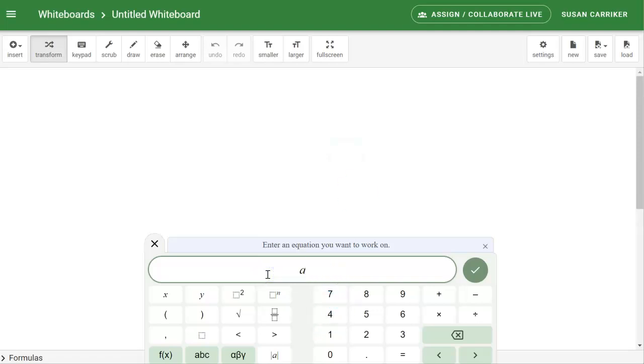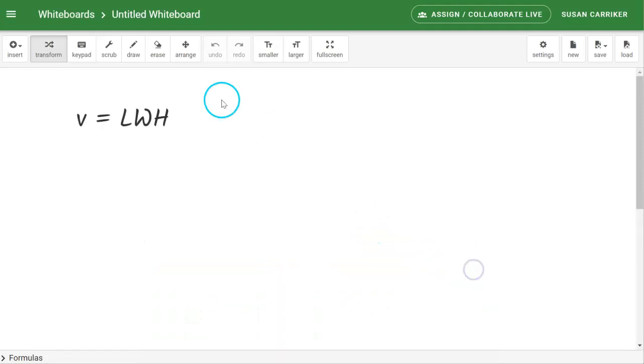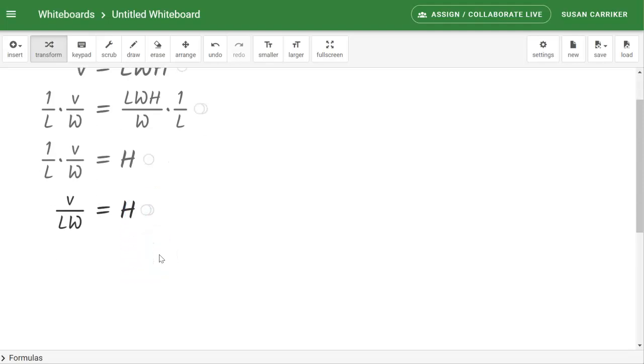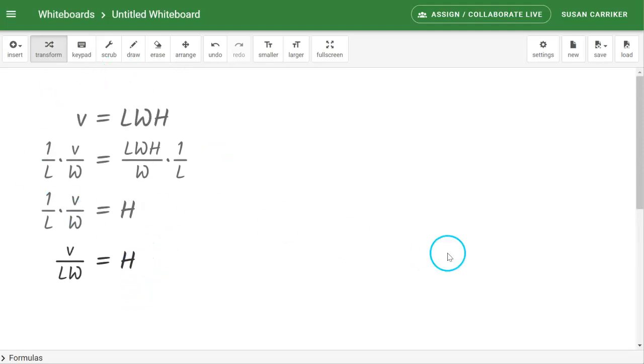So let's do V equals LWH, and we want to solve for H. We could divide by V, we could divide by L, and we can simplify. And so we've solved for H. So they can do the problems in Graspable Math on these other activities as well.